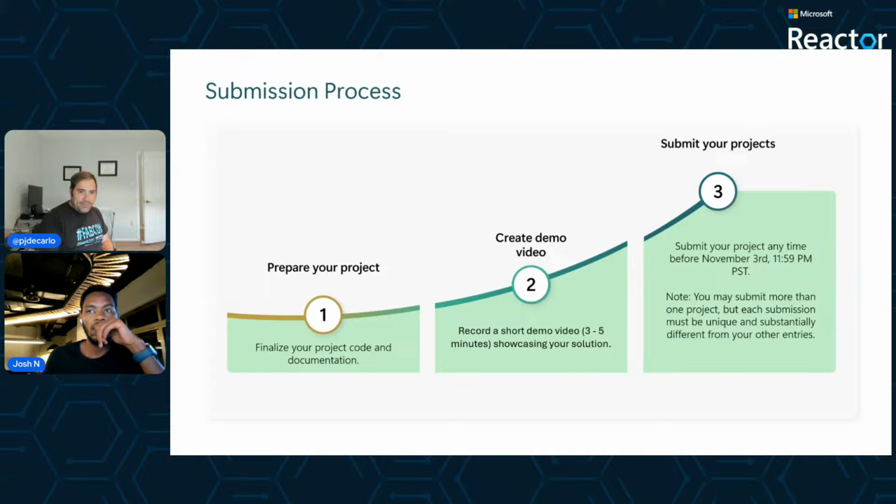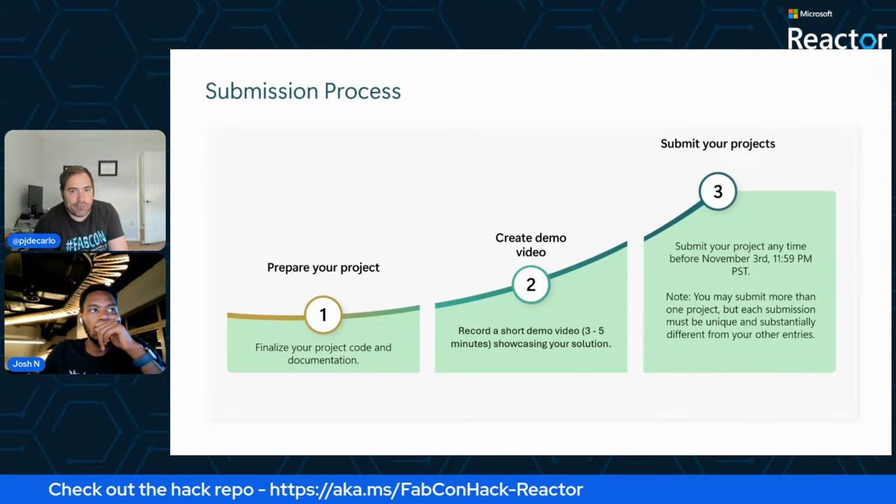Now, once you have those ingredients, you've got a completed project, it's documented, it's stored somewhere up on GitHub, you've got a video that demonstrates it in action. The next thing we would ask is to go back to the Hackathon GitHub repo, which we can get that link dropped here shortly, which is where you will go through the submission process for your project.